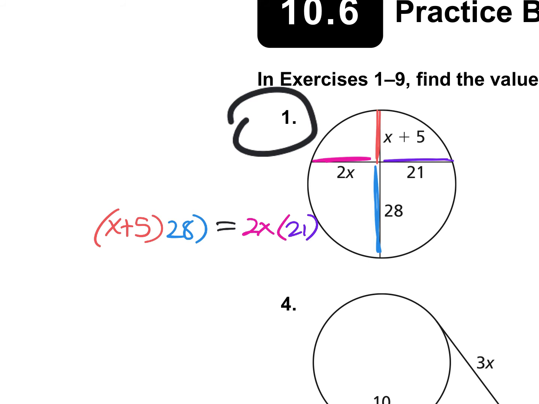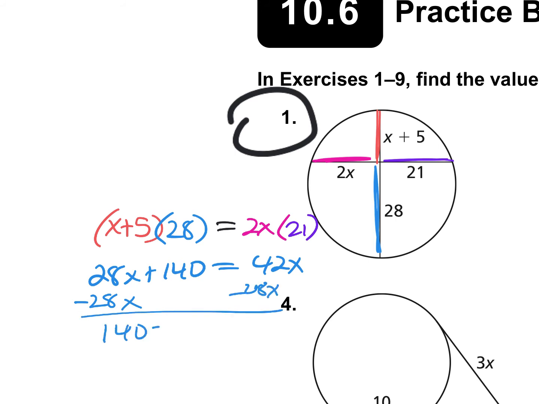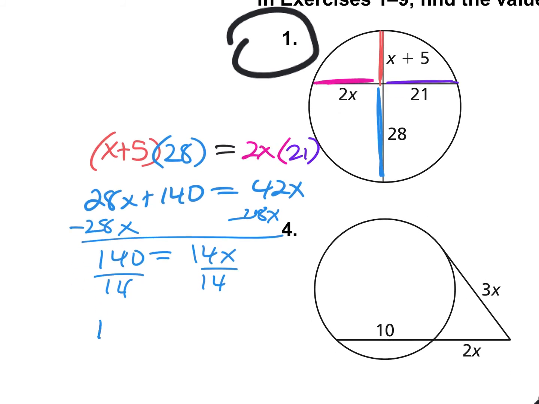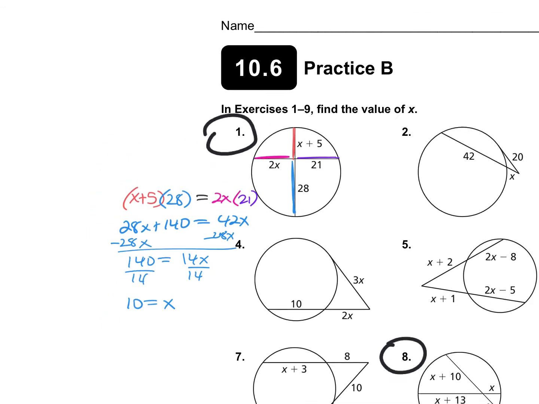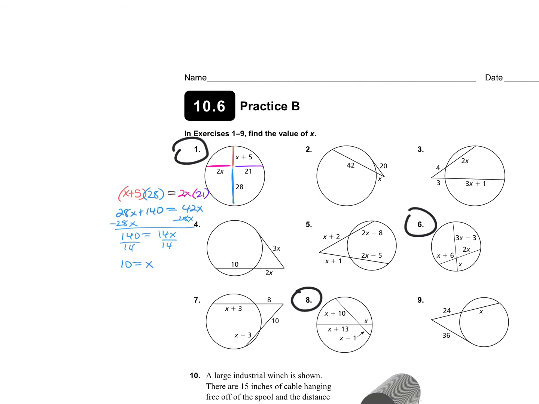So what I'm going to do is distribute, and I get 28x plus 140 equals 42x. So here in this type of problem, the segments products are what's congruent, not the chord length. So then here what I'm going to do is move my x's together, and I get 140 equals 14x, divide by 14, and x equals 10. This is the type of formula you're going to use for questions 1, 6, and 8.